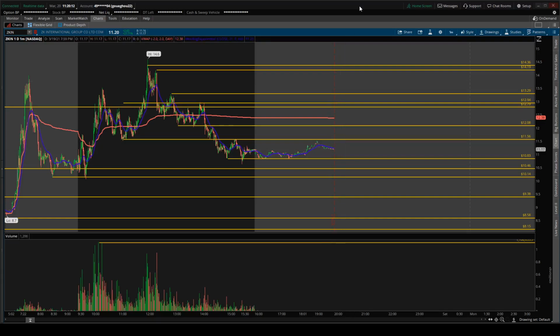And then I develop a bias. First, I need to look at where the stock is trading now in relation to the daily range, I mean the intraday range.